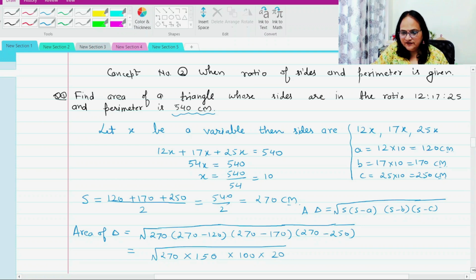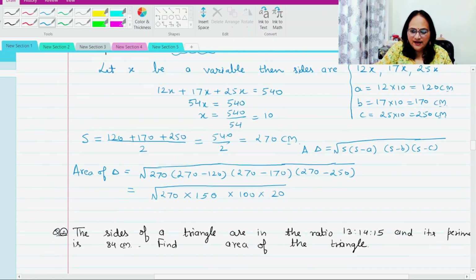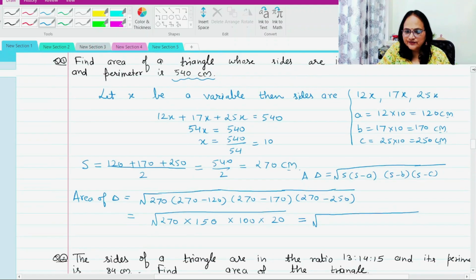As I told you in the previous video also, you don't have to multiply all these and then get the answer. Don't multiply them. Just try to split them. Split the numbers inside. If you can do prime factorization, that will also help.